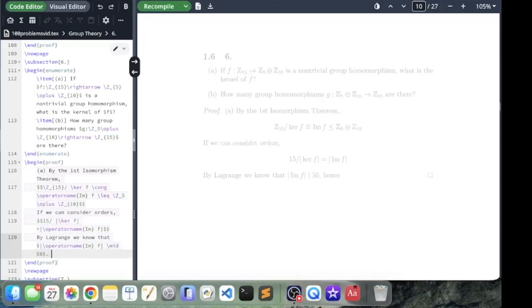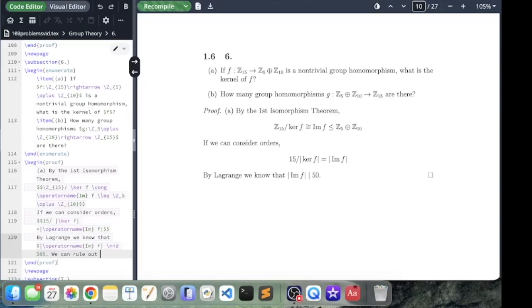So, first of all, we can rule out the order of the kernel of f equaling 15, since the homomorphism is non-trivial, and that would yield a trivial homomorphism.